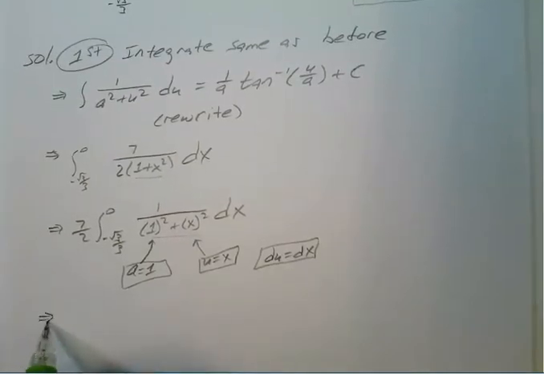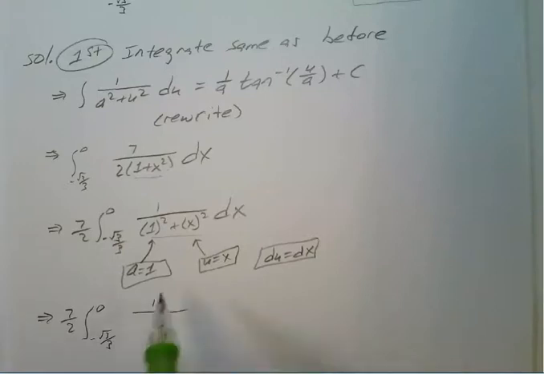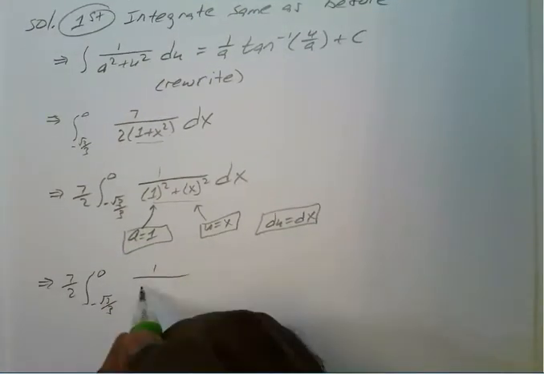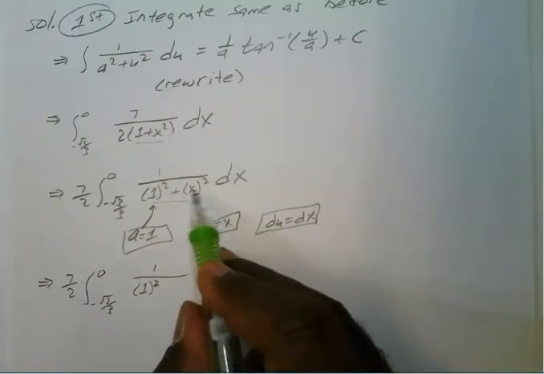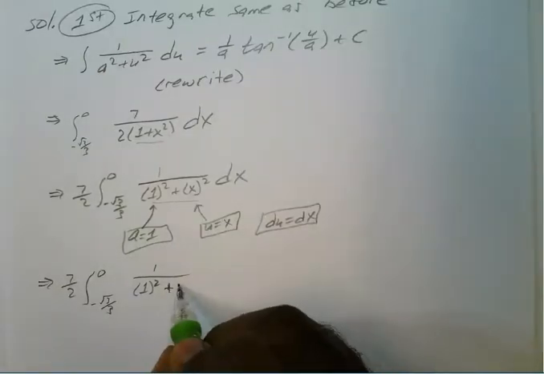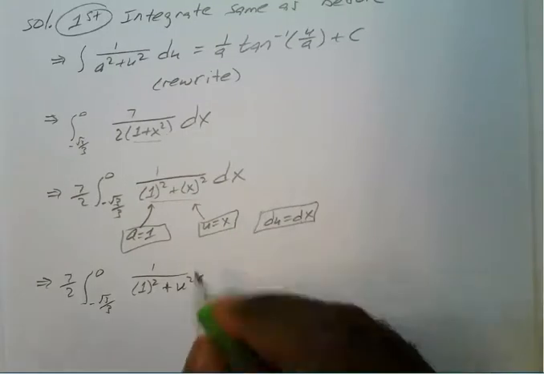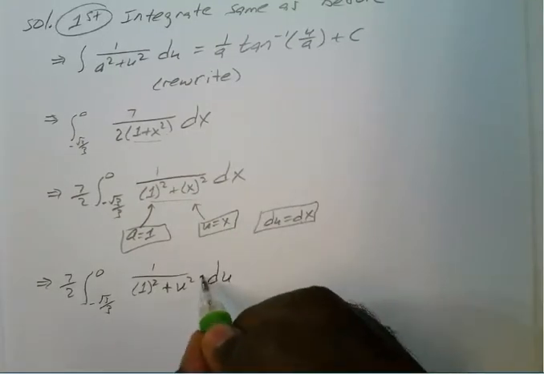So that gives us 7 over 2 times the integral from negative square root of 3 over 3 to 0 of 1 over a squared. So we just make that 1 squared instead of our a squared plus u squared. Again, if you want to make it x squared here, you can. I'm just going to make it u squared. And dx is equal to du, so we have our du.